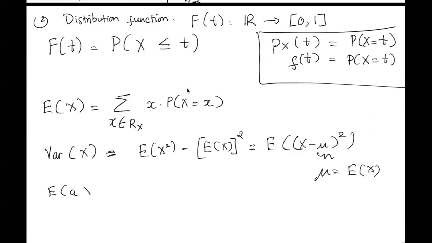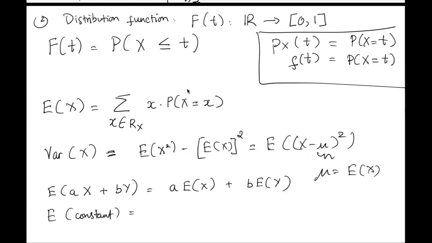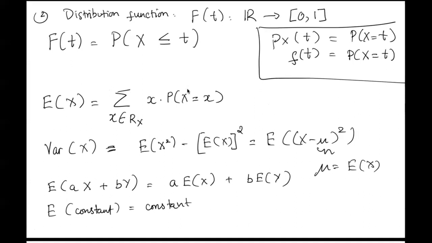For example, the expected value of ax plus by will be a multiplied by the expected value of x plus b times the expected value of y. And the expected value of a constant is equal to the constant. And then the variance of ax plus by is a squared times variance of x.